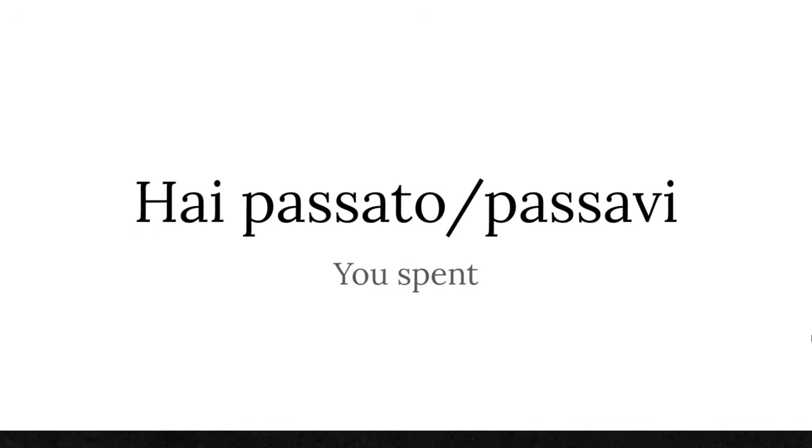So let's see some examples now. You spent, for example. So we're going to see the example in Passato Prossimo and the example in Imperfetto. You spent as Passato Prossimo, hai passato. Transitive verb and it's regular. So you need to use the verb to have. Imperfetto, passavi, with an I at the end because I is the ending that corresponds to you in the present tense.